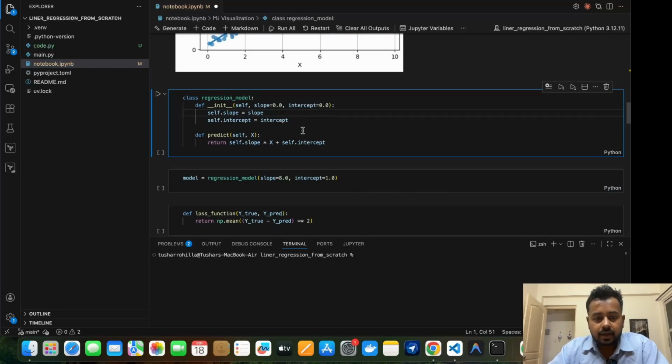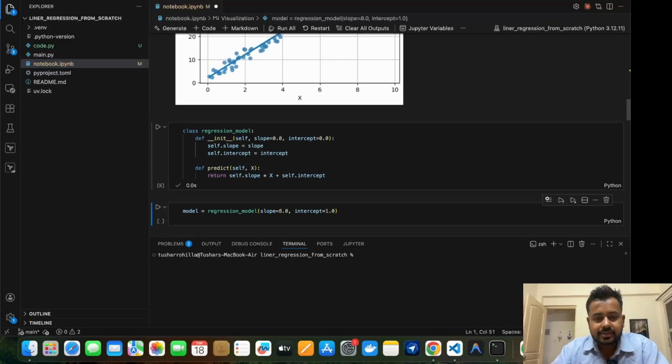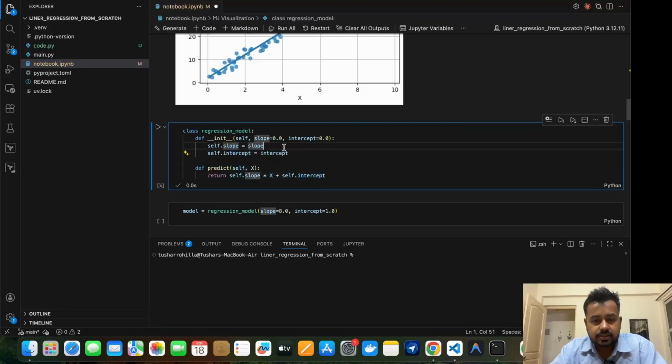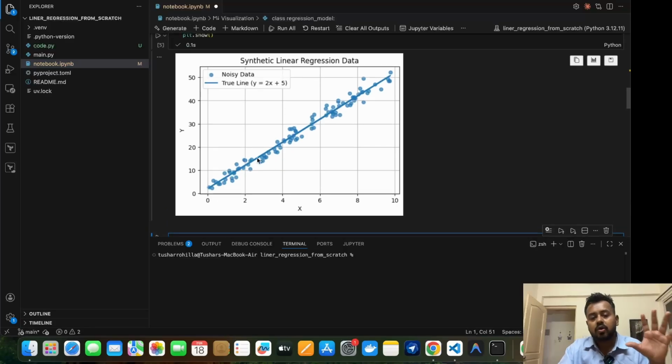So for that, let's write this class. This class is basically the regression model. This is the slope and this is the intercept. Obviously the slope and intercept are something the model will learn, but we have to initialize them with some random value. You'll see that our model will learn that the true slope should be 2 and the true intercept should be 5.